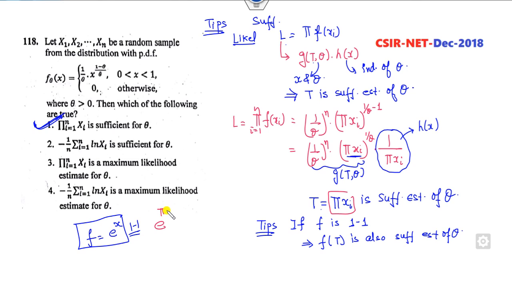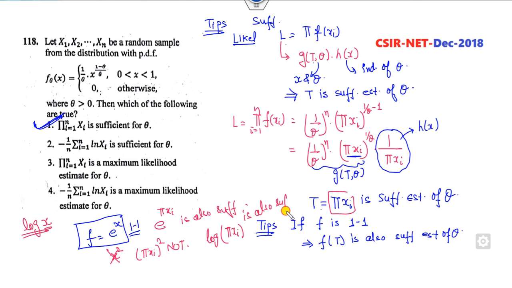So this is also a sufficient estimator. If I take x square, which is not one-one, then this is not a sufficient estimator. If I simply take log of x, it is also one-one, so log of product xi is also a sufficient estimator.